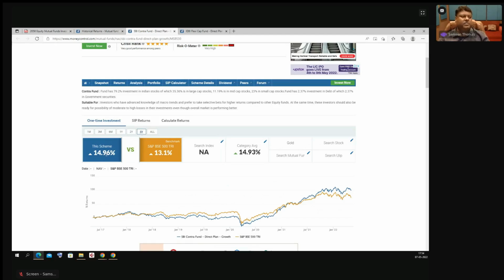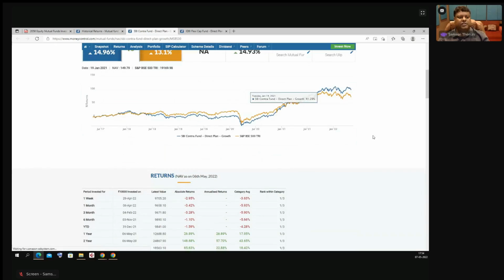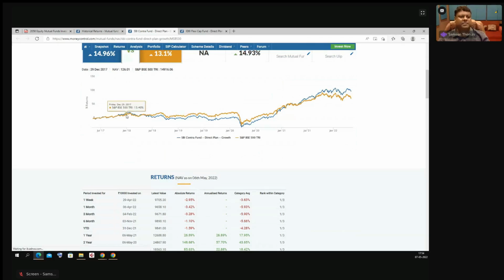In comparison, the SBI Contra Fund has given 14.96%, so slightly higher than the benchmark. You can see that recently it has gone high. It was lower, but recently it has performed higher than the benchmark.